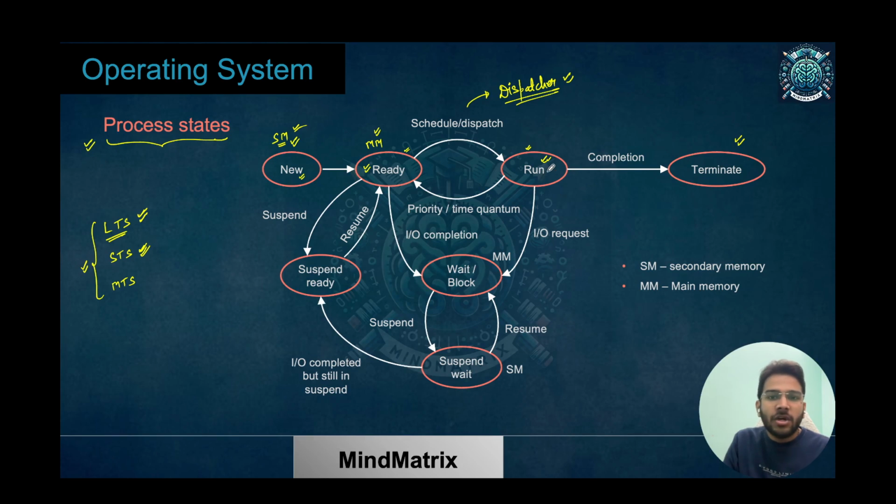In that case, from the run state, it is going to shift the process to the wait or block state, and this wait or block state is still in the main memory, but the process is not executing now. It is going to perform all the input output operations required by that process.